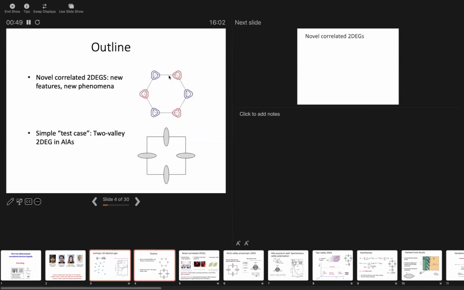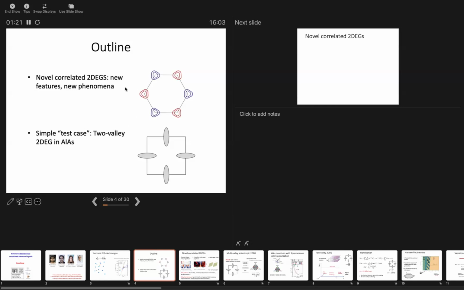Okay, so what I'll talk about here is basically building on this old problem of the 2D electron gas and discussing new correlated 2D electron gases that have slightly richer properties, one step up in complexity relative to this classic problem, and they give rise to new phenomena. So what I talked about yesterday were these graphene systems, and I'll discuss what I view as a simple test case, something in many ways simpler than these graphene systems.